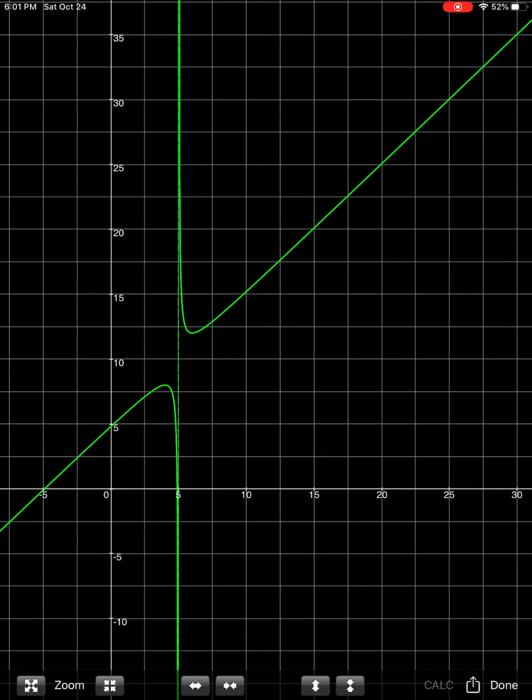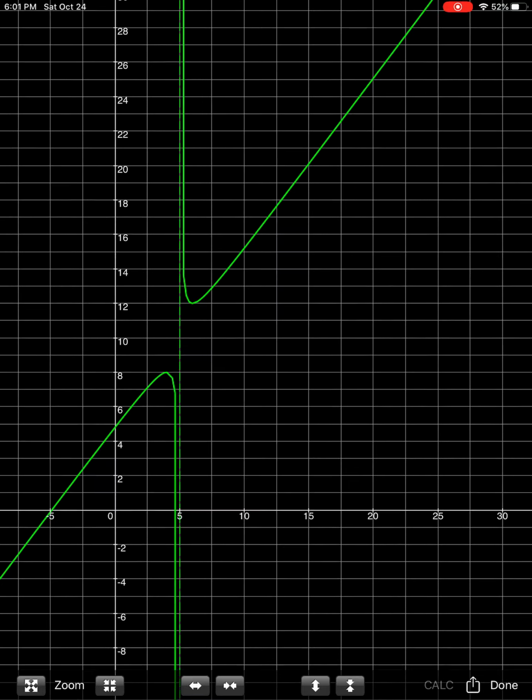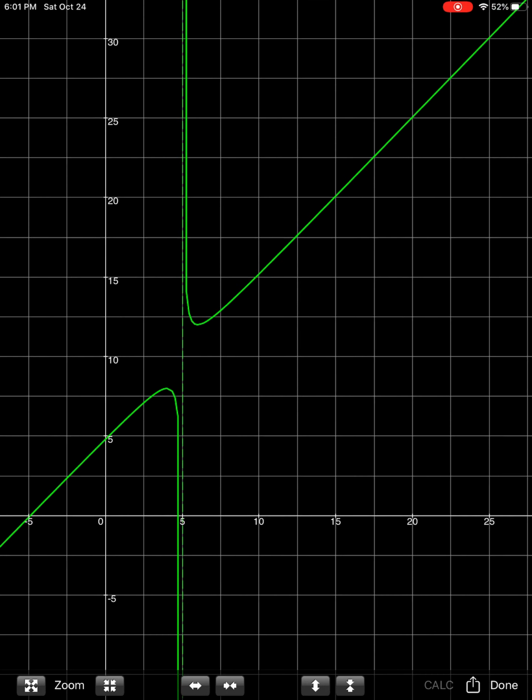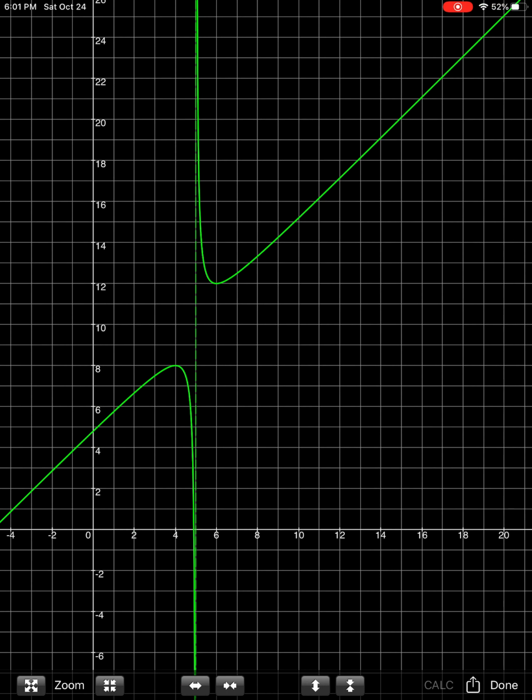All right, what I want you to notice here, right there at 8, you see that there's a local max. And we also see at 12, we have a local minimum.